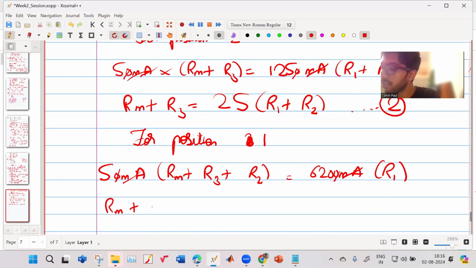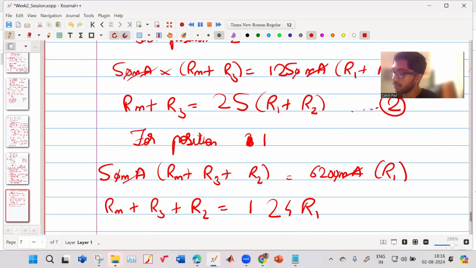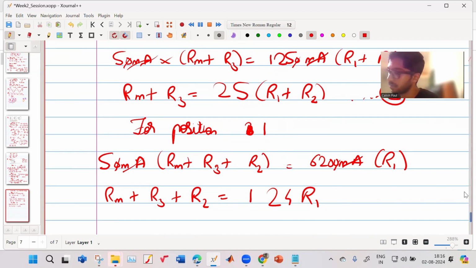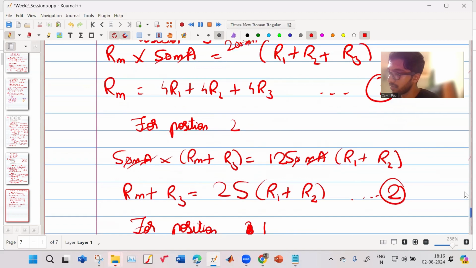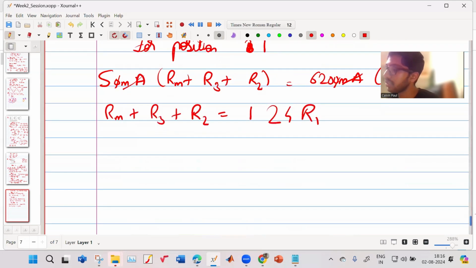So Rm plus R3 plus R2 is equal to 620 divided by 5. How much is 620 divided by 5? 124. Is equal to 124 into R1. So this is our equation 3.